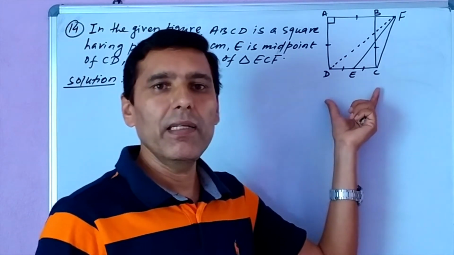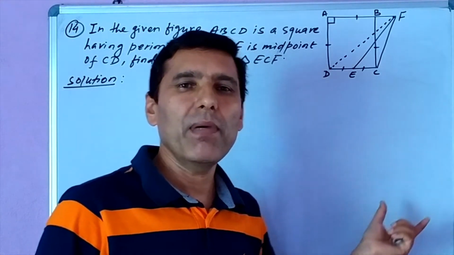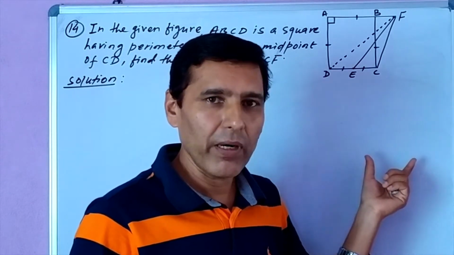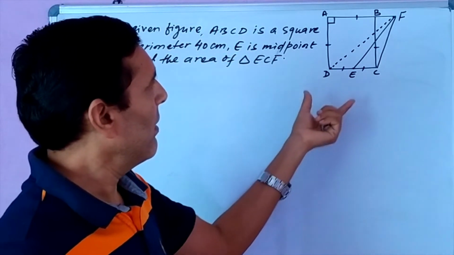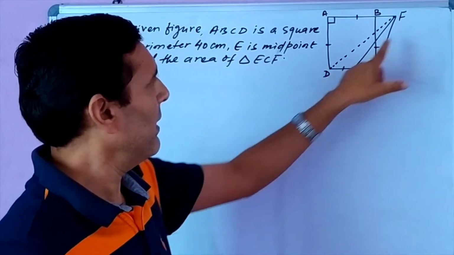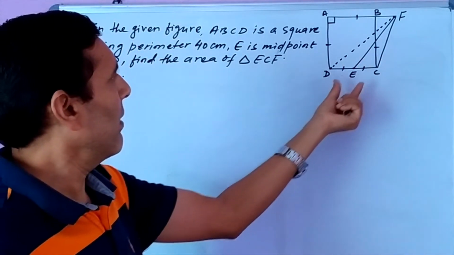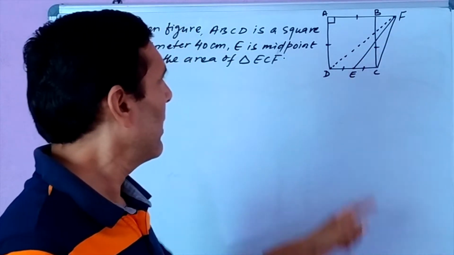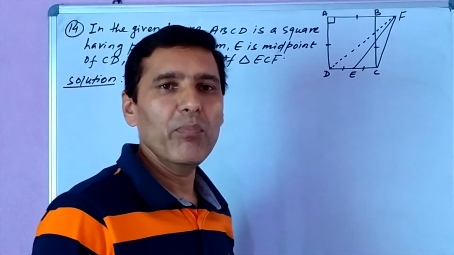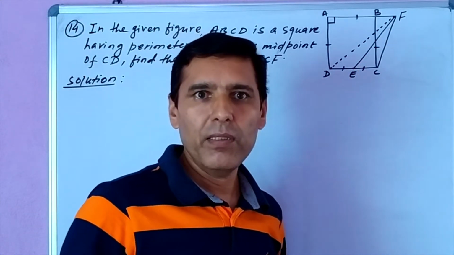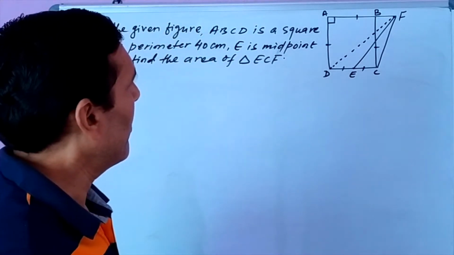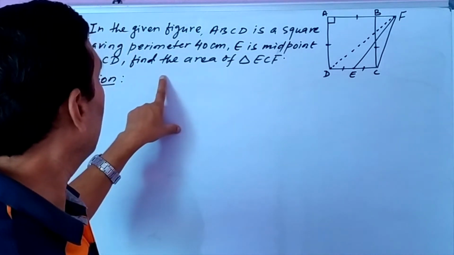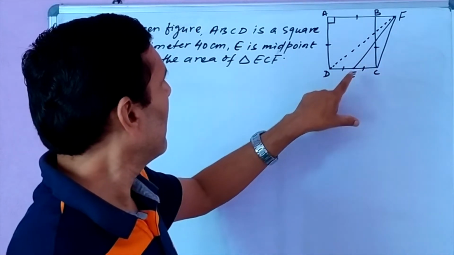We know that area of triangle is half of the area of the parallelogram standing on the same base and between the same parallels, as a square is also a parallelogram. And after having the area of this triangle CDF, we will get the area of triangle ECF, because this EF will be the median of triangle CDF, and we know that median bisects the triangle. By using these theorems, we find the area of this triangle ECF.